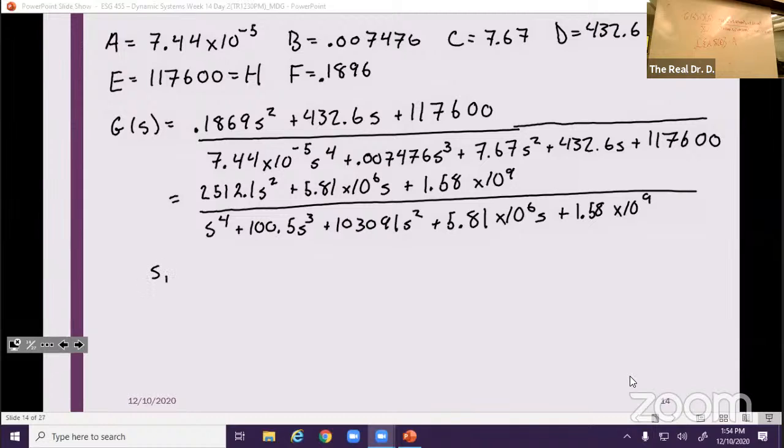I'm going to say that by solving this, S1 and S2 are equal to negative 25 plus or minus 123j. I don't know why I keep putting a hat on that. It's just j.